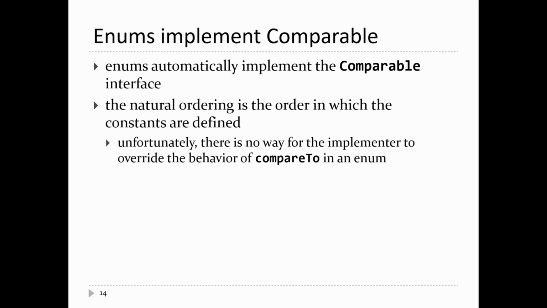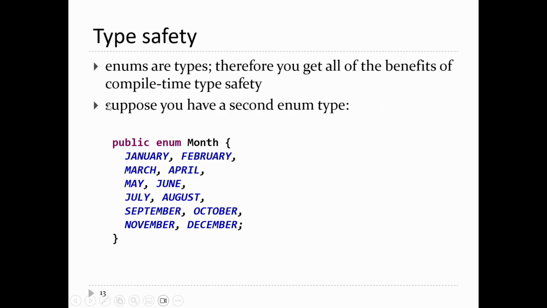You get all sorts of other benefits as well. You automatically get a compareTo method for your constants. Now the problem with this is that you get one whether you want it or not. Sometimes you may not want a compareTo method, but you get one anyway. The way that compareTo works is it looks at the way you listed your constants when you created your enumerated type. So here we have January first and December last.